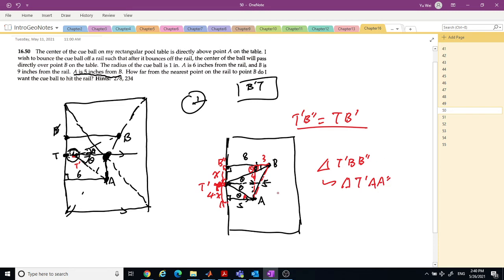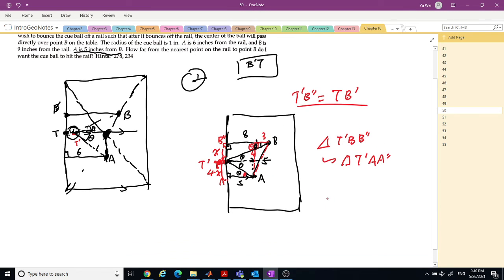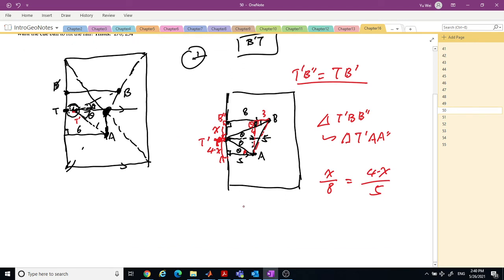Okay, so in this case, x over 8 is equal to (4 minus x) over 5. Now let's solve this equation. So 5x equals 32 minus 8x. So x equals 32 over 13.